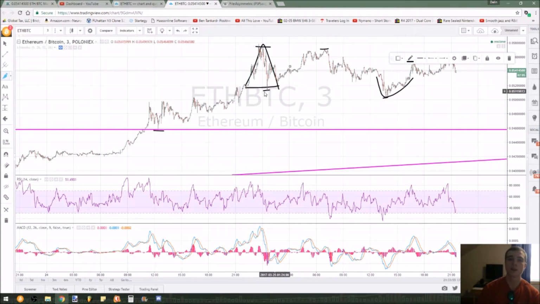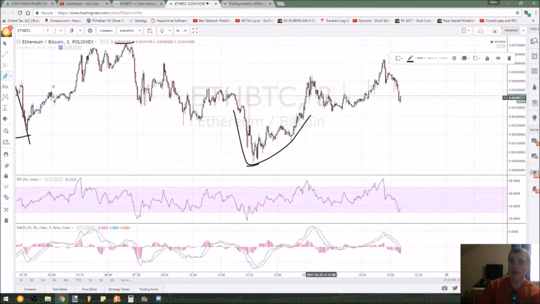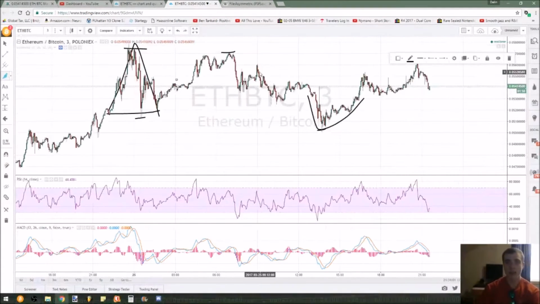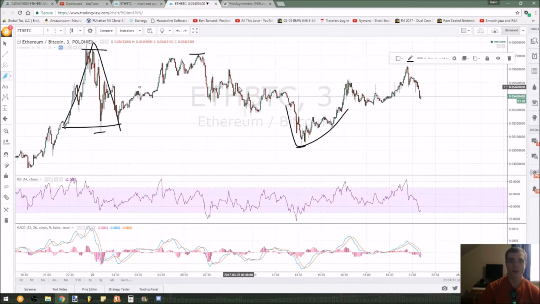Now, because there's emotion and stuff, it's not going to be perfect. It's not going to be that exact shape, as you can see. And I'd like to point out that the market draws these lines. I'm just drawing over what the market is already doing.